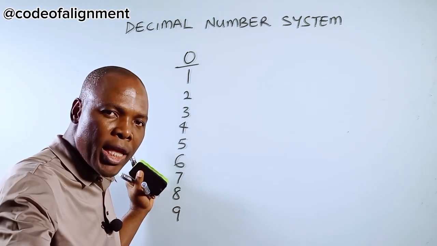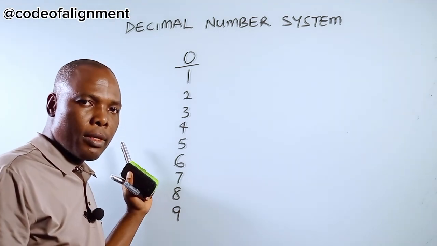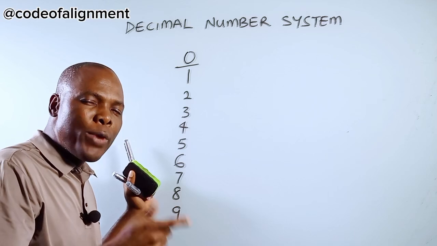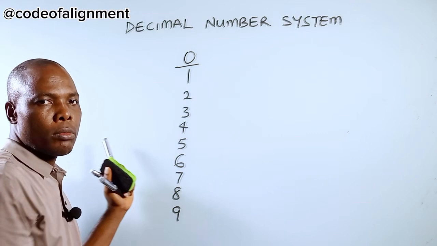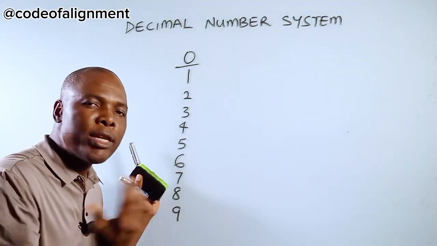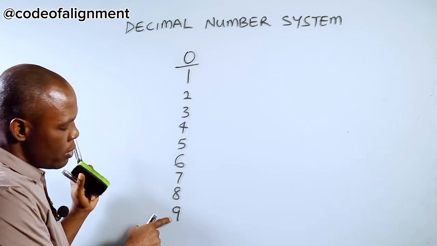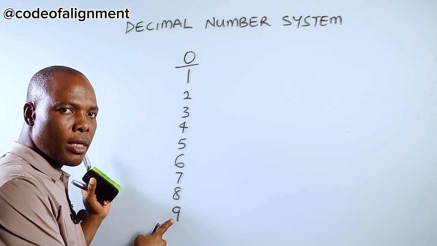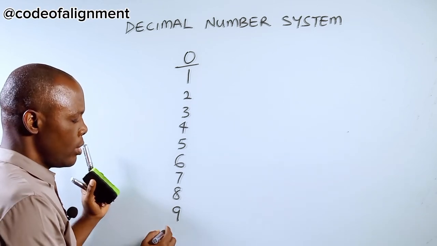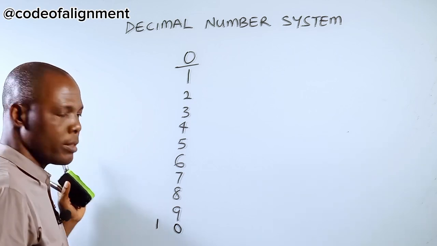So if you are going to write 10, we have to carry. The only way we can carry and still maintain that structure is because of 0. If there was no 0, there is no way we could carry. When we get to 9 and want to represent 10, we put 0 here and carry 1 to this place.